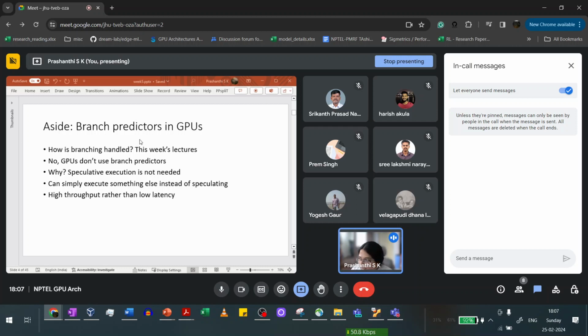GPUs are primarily not intended to handle branching, unlike CPUs. In a CPU, what you're trying to do using a branch predictor is speculative execution: you predict ahead of time which fork of the branch will be taken and then fetch those instructions. If you remember from our very first lecture, we do that to avoid a stall for the CPU, so instead of being idle, it does this ahead of time.